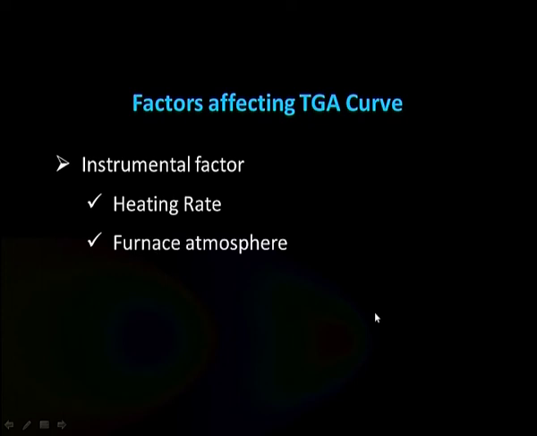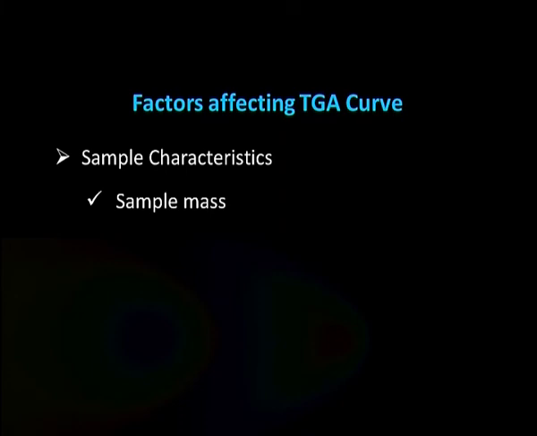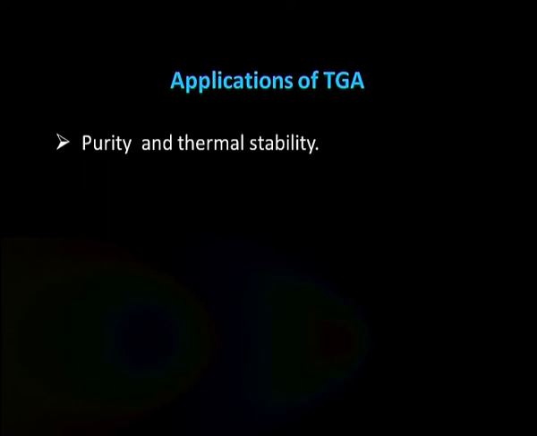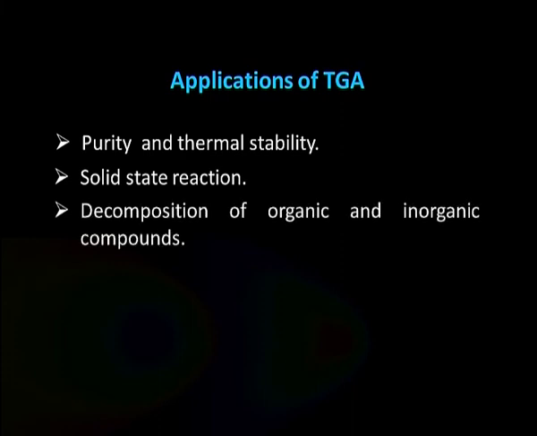The furnace atmosphere, sample holder and the sample characteristics, which means sample mass, particle size of the sample, effect of heat reaction, compactness of sample and purity and thermal stability also affect TGA.